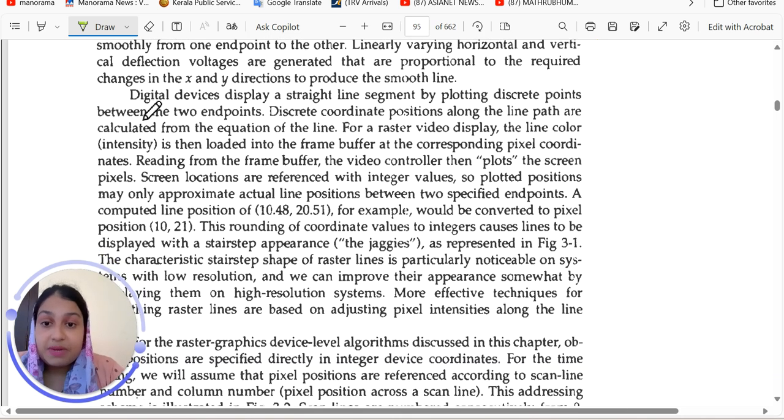Digital devices display a straight line segment by plotting discrete points between the two endpoints. Discrete coordinate positions along the line path are calculated from the equation of the line. For a faster raster video display, the line color intensity is then loaded into the frame buffer at the corresponding pixel coordinates.